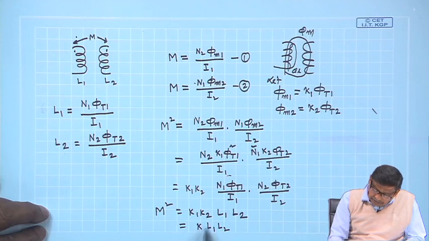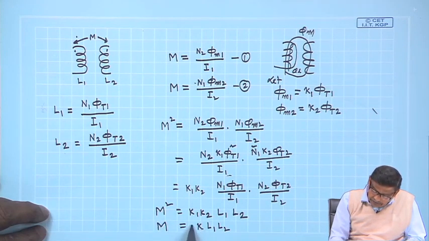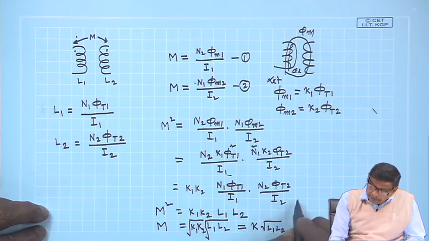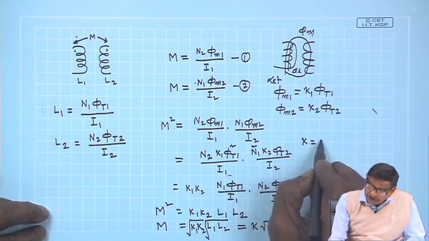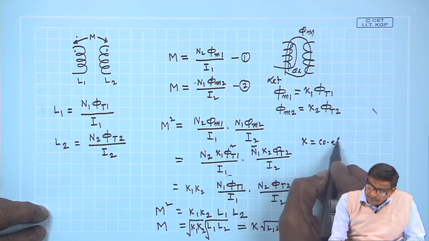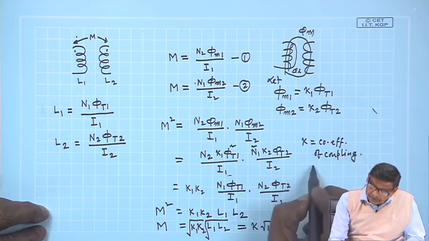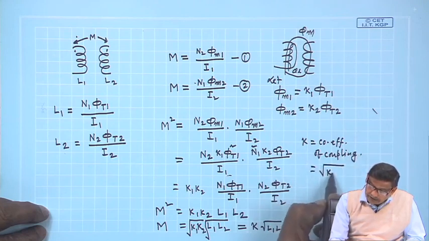So, M then will be the square root of K1 K2 and the square root of L1 L2. Now, this is expressed as K into root over L1 L2. So, K is called the coefficient of coupling, which is equal to root over K1 K2.